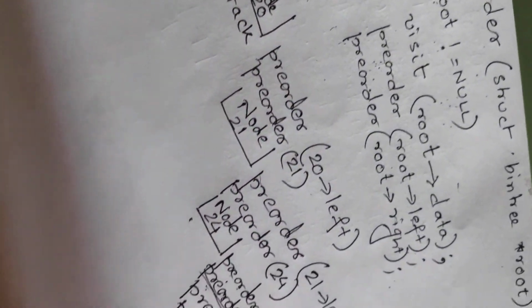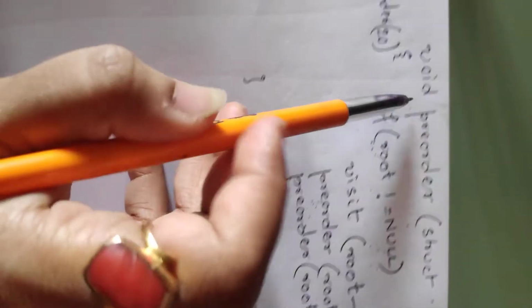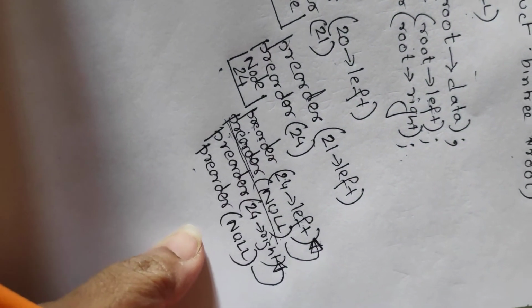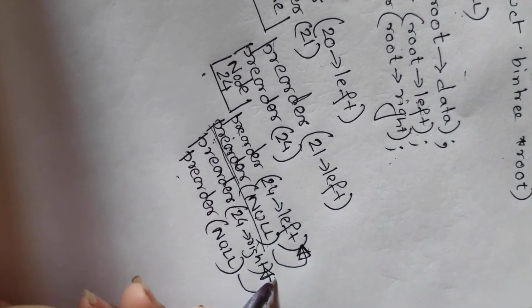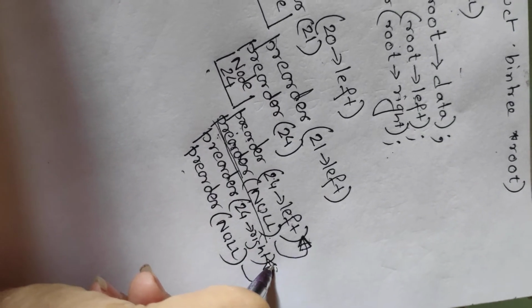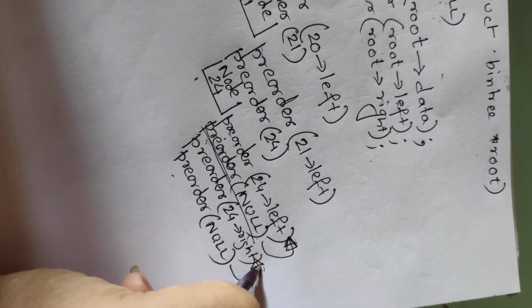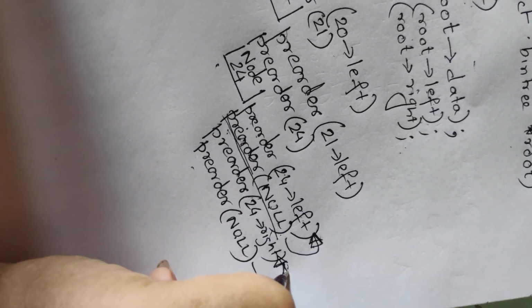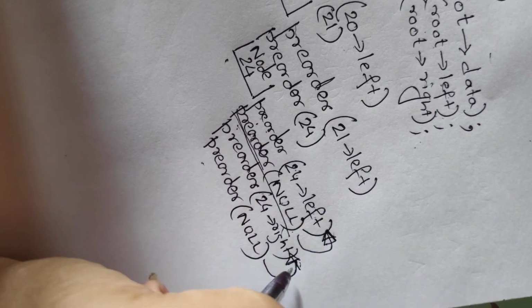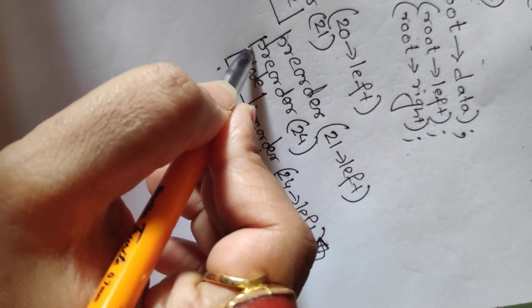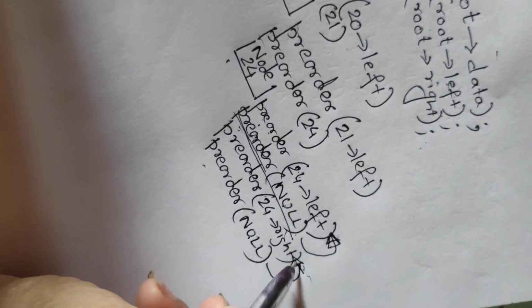So when a function is already done and the return type is void, the control will return back. So where will the control return from this point? It will return back at the point from which this was called. It will go back to that point where this preorder 24 was called.